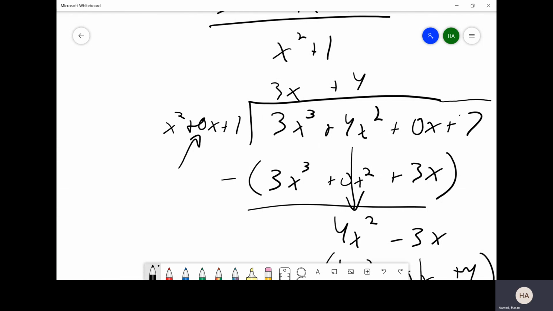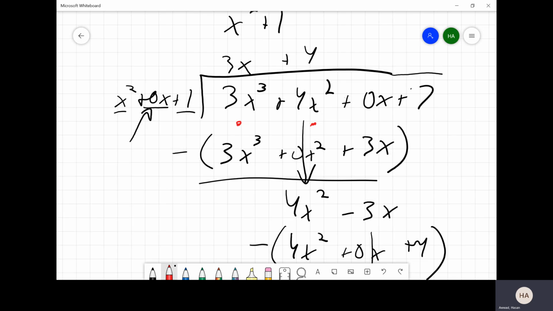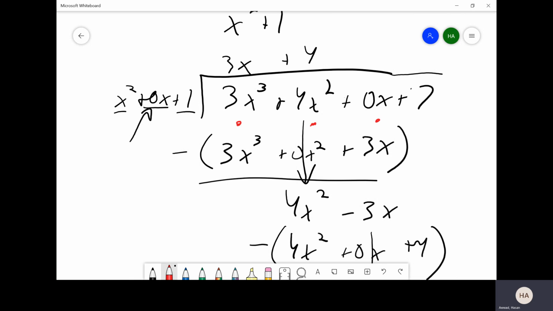And now with this placeholder of 0x here, it becomes apparent that what you're really dividing by is 3 terms, right? 1, 2, 3. And so what's really being impacted? 3 terms at a time, right? I'm just going to put little red dots here. We impacted the cube. We impacted the x squared, even though the x squared didn't change, because we have a placeholder of 0x. We were still doing some operation in that column, and we were doing 0x, right?